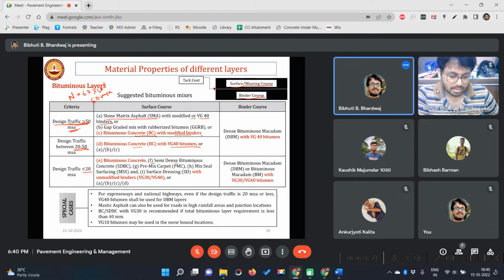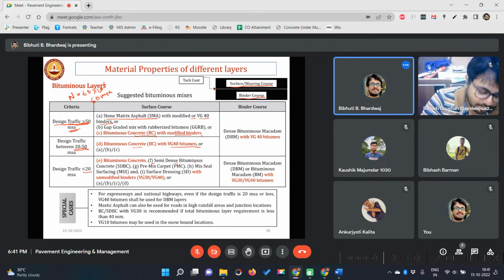Now you see, generally if I ask you how many types of bitumen you know, from your knowledge of whatever you learned in highway engineering, what are the different types of bitumen that you learned?